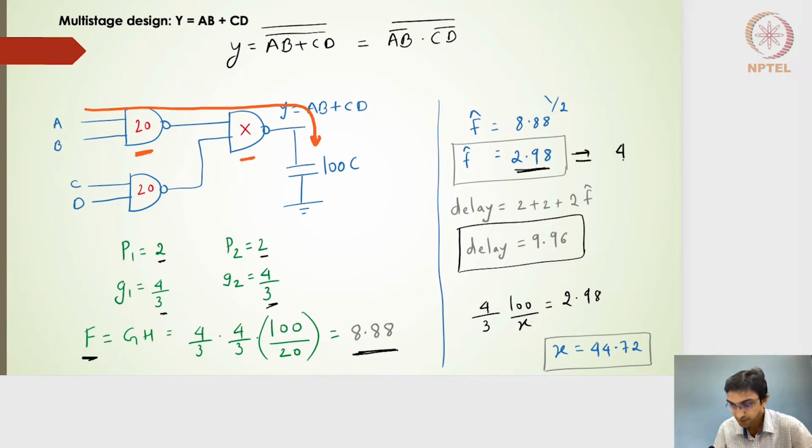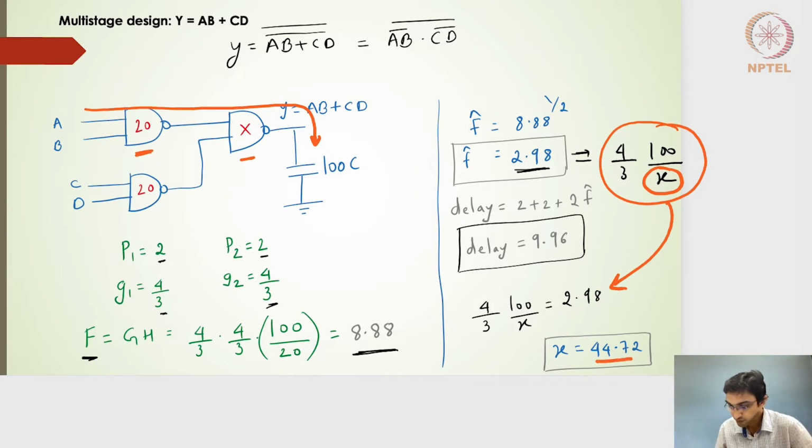I can equate it to 4 by 3 times 100 by X. From here I can evaluate the X value, and 2.98 gives X equal to 44.72, which is the best size for a 2-stage design. The minimum delay turns out to be the summation of all the parasitics plus 2 stages, so 2 multiplied by the individual stage effort, which is F cap.